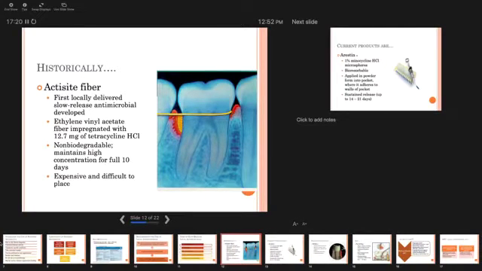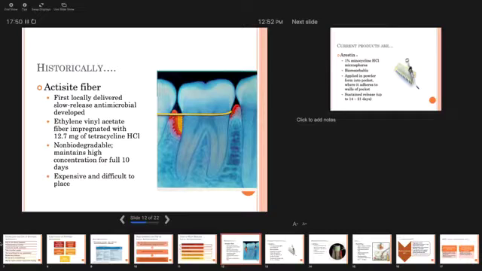So historically, one of the local antimicrobial medicaments was Actisite, which was a fiber. It was the first one that was developed, first locally delivered through slow release antimicrobial. It was an ethylene vinyl acetate fiber that was impregnated with 12.7 milligrams of tetracycline.